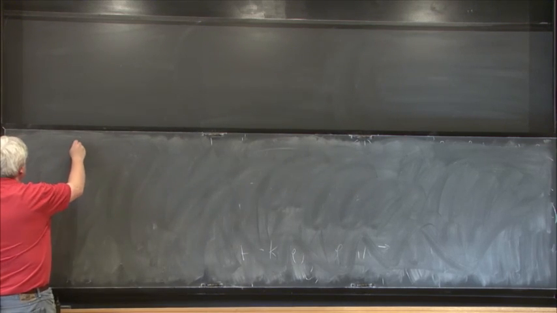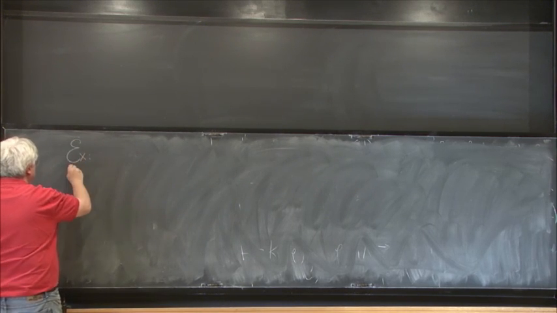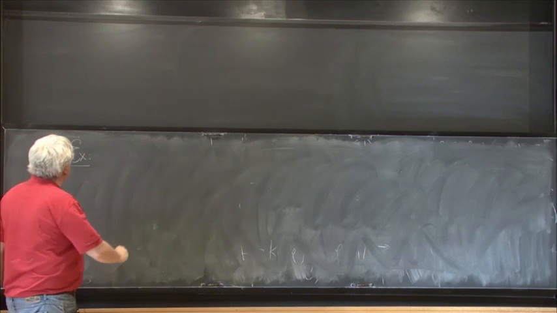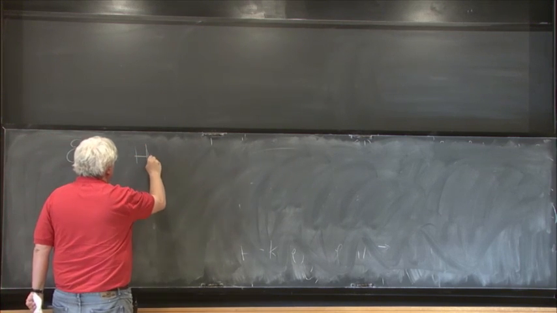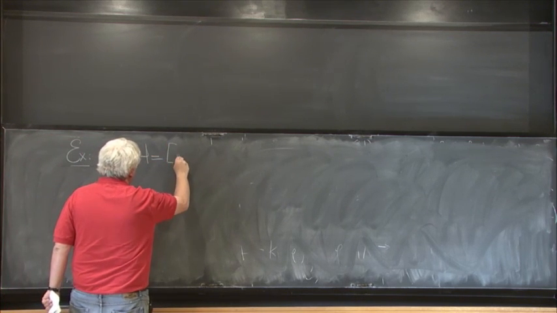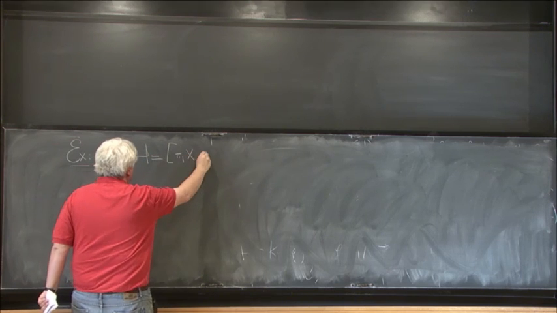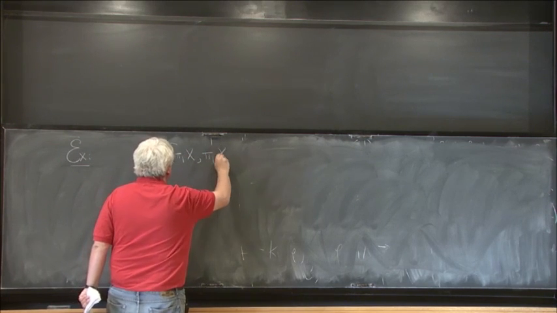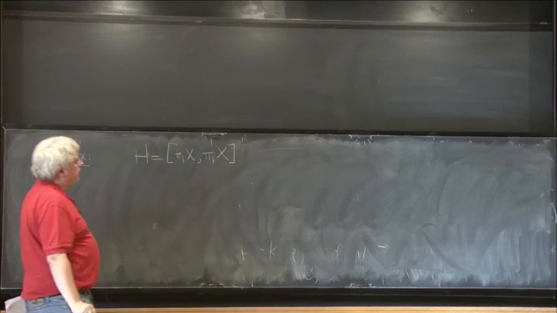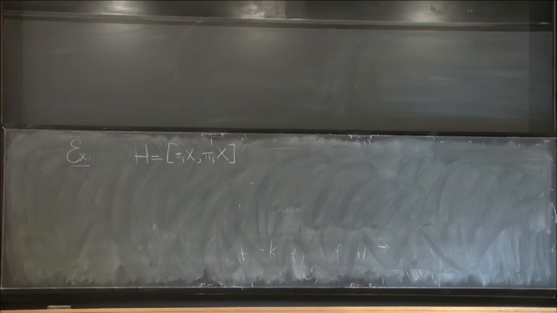So let me give two examples. First of all, assume that the normal subgroup is the group of commutators.